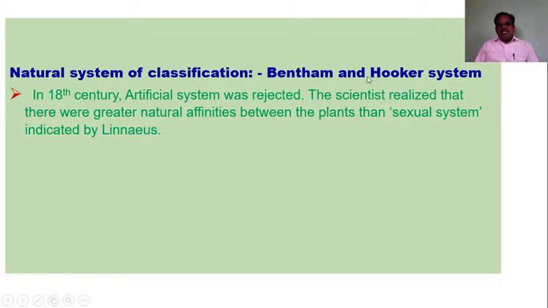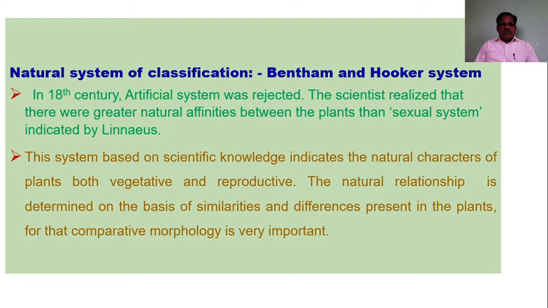Such very few morphological characters were taken by the well-known scientist Linnaeus. But these two scientists, Bentham and Hooker, assessed that there is more information, more affinities and more relationships between different plants than the sexual system showed, and hence this system was proposed. This system is totally based on scientific knowledge.